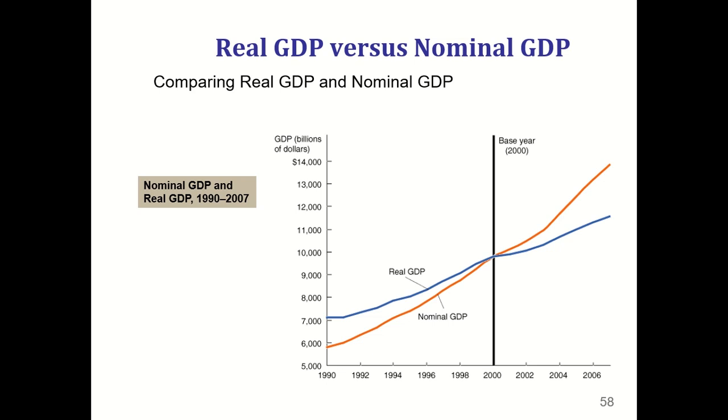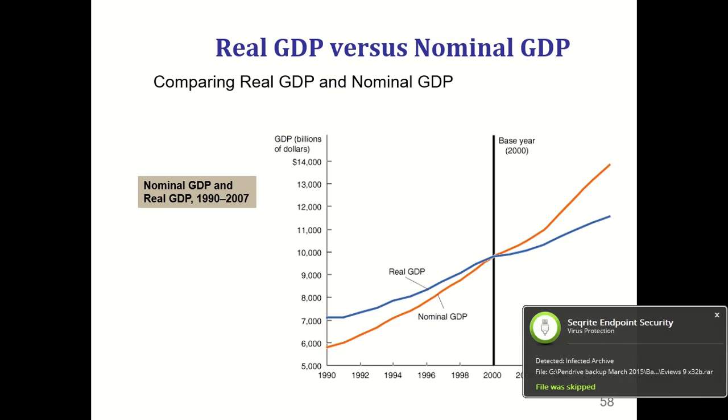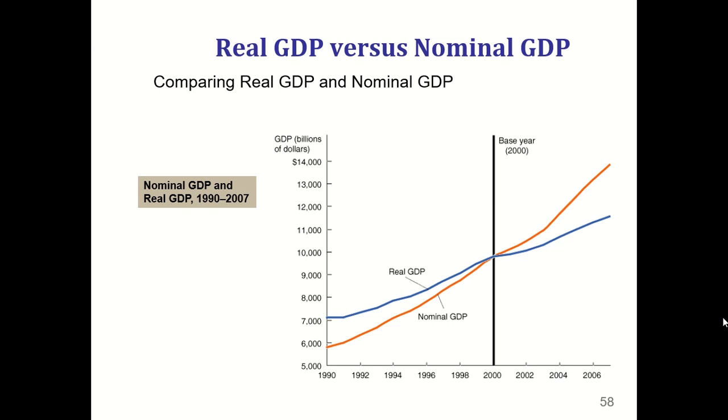What I'm using is the 2000 prices when I compute the real GDP in 1996. And if there was inflation, then certainly the prices prevailing in 2000 would be higher than the prices prevailing in 1996. Because I'm using a higher price to compute the real GDP in 1996, the real GDP is higher than the nominal GDP. Well, nominal GDP is less than the real GDP before the base year, and nominal GDP is higher than the real GDP in the years subsequent to the base year. This is because there has been inflation in this economy.